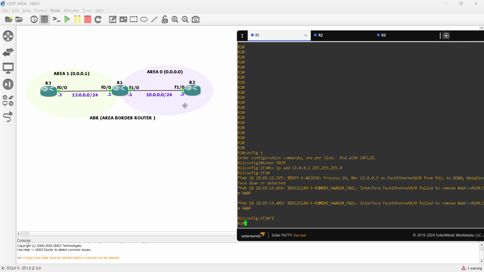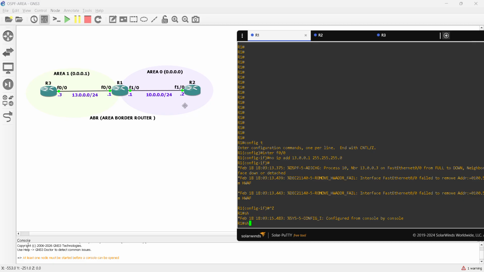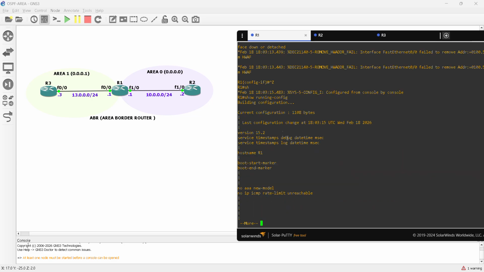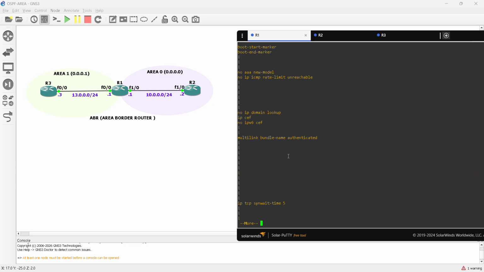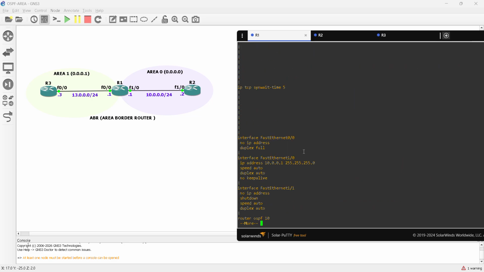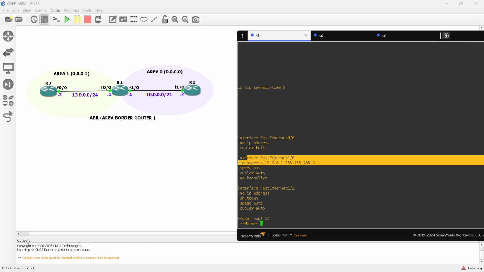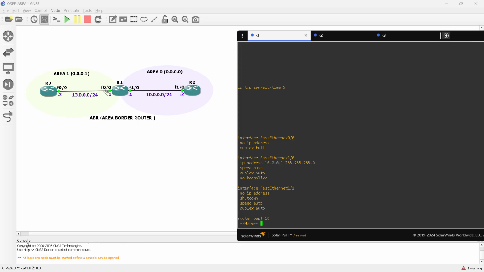Now if we go and see show running configuration, here you can see this Fast Ethernet is configured with an IP address, but this part is not there as we have removed it.